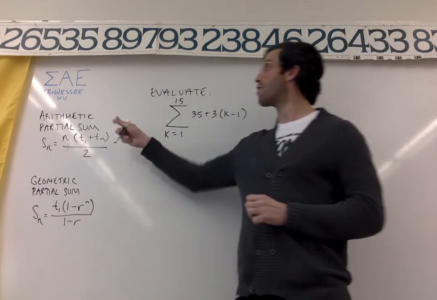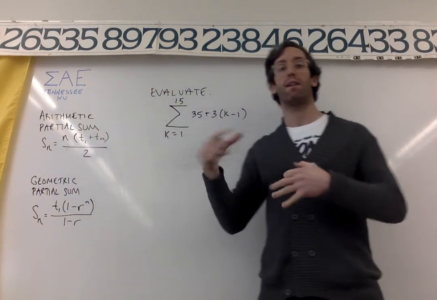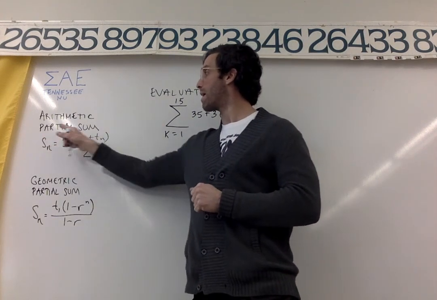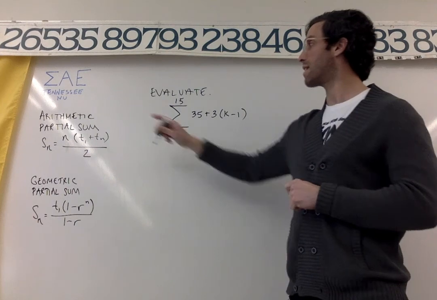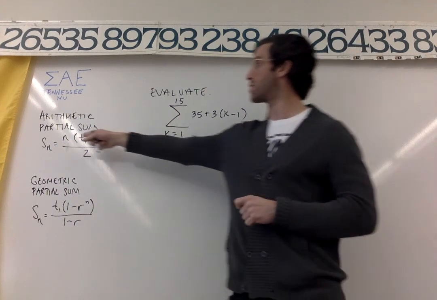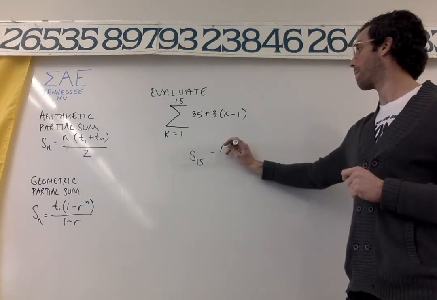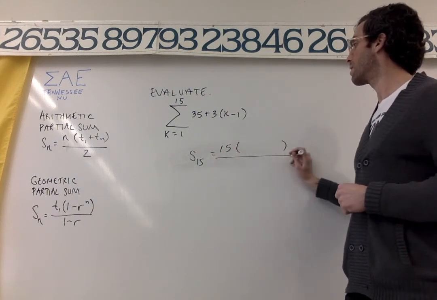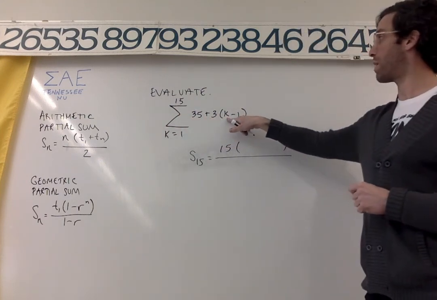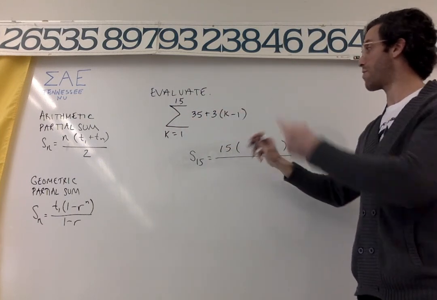For the arithmetic partial sum, we'll go through this formula a little more formally in class, but just to introduce you to it: we have n times, so in this case S sub 15 equals 15 times t sub 1. So when you plug in 1, we got, again, 35.